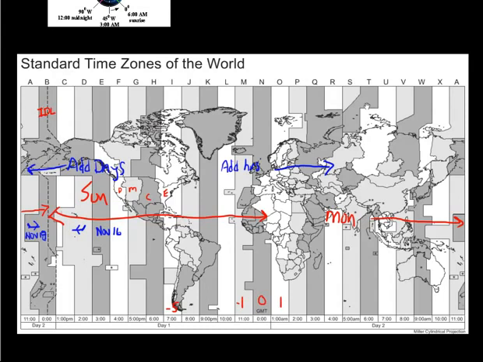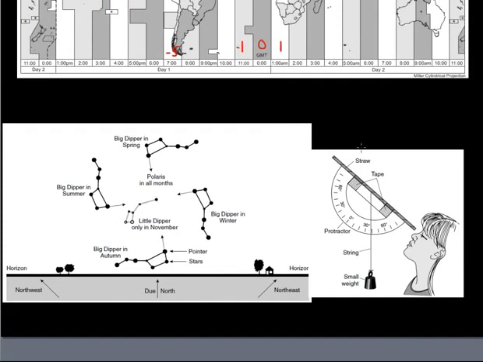We don't want to have this part of the Soviet Union, or Russia now, be tomorrow when this side is today, even though they're on the same time zone. So it does zig and zag for island nations. Notice that the time zones can zig and zag. The international date line can zig and zag. And this one actually becomes the same time on 2 different days. Really weird.